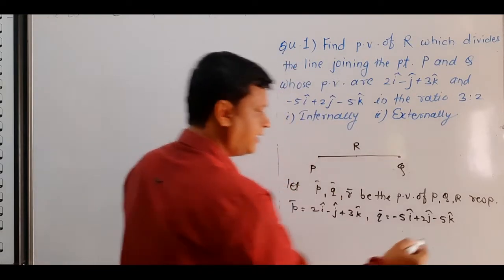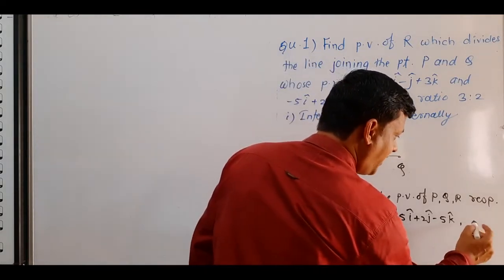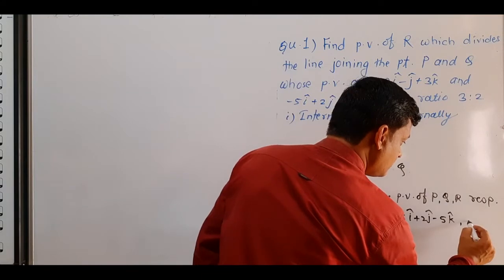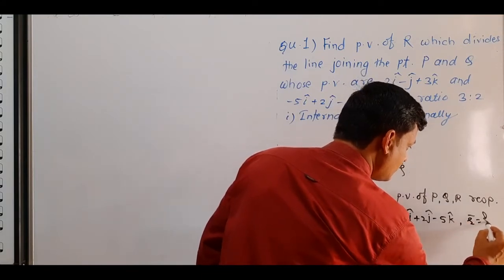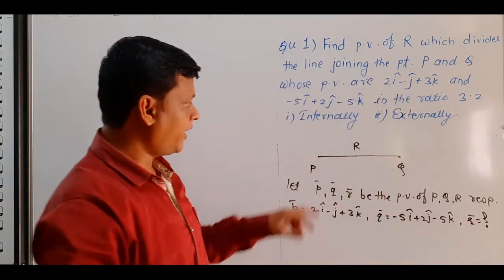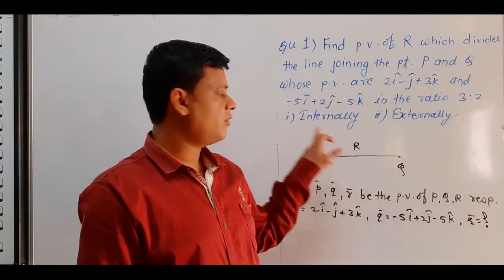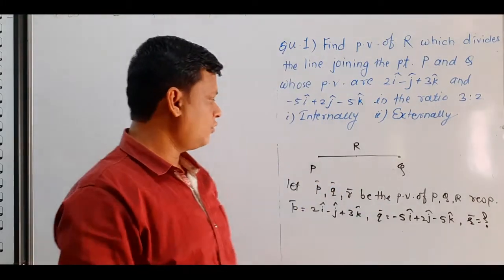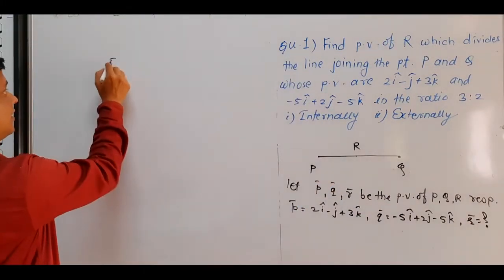Now we have to find the position vector of point R when R divides segment PQ internally. So we know the formula.